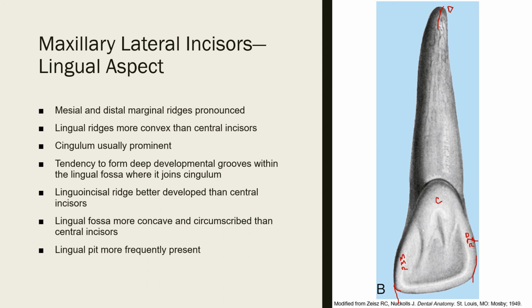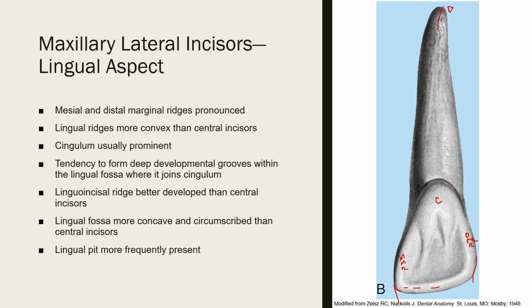There is a tendency to form deep developmental grooves within the lingual fossa where it joins with the cingulum. The lingual incisal ridge is better developed than that of the central incisor. So this is all right along this line.